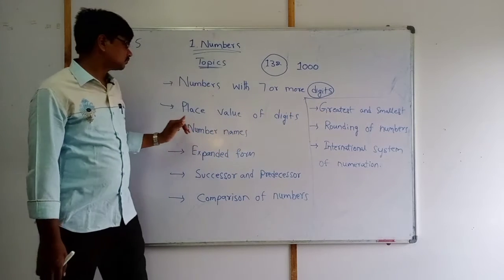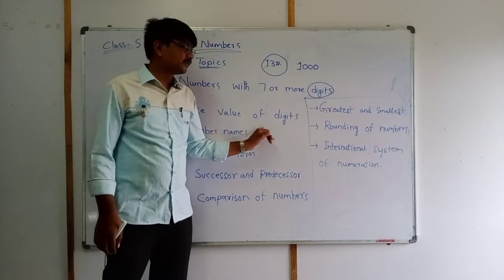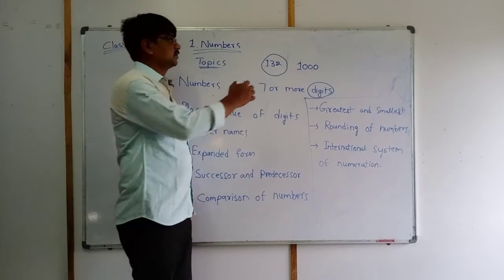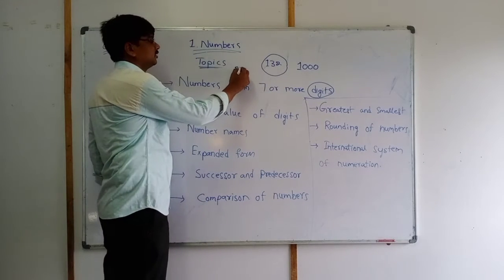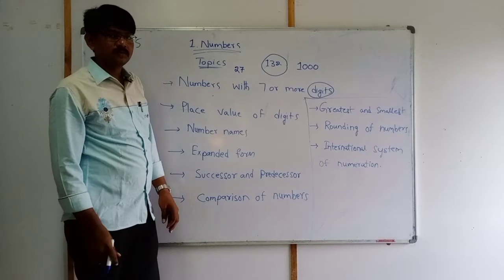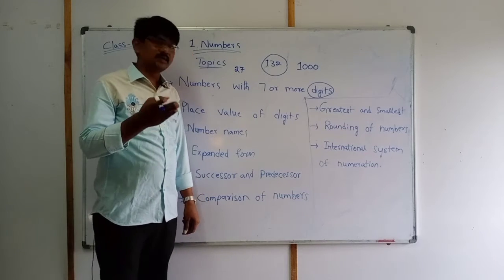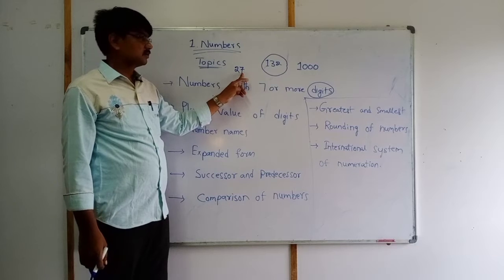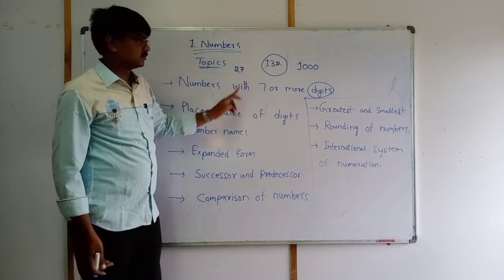Next, place value of digits. Example, 2 here, 7 here. Maybe you learned in previous class also. 7 is ones place, this is tens place.